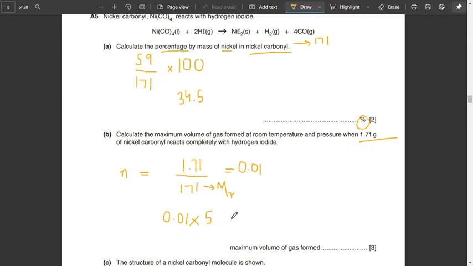So this is going to be 0.05, and we will then multiply this with 24. Why 24? Because 24 dm cube is the molar volume at room temperature and pressure, and the answer would be around 1.2. Make sure you mention the unit, because here the unit isn't given. 1.2 dm cube.